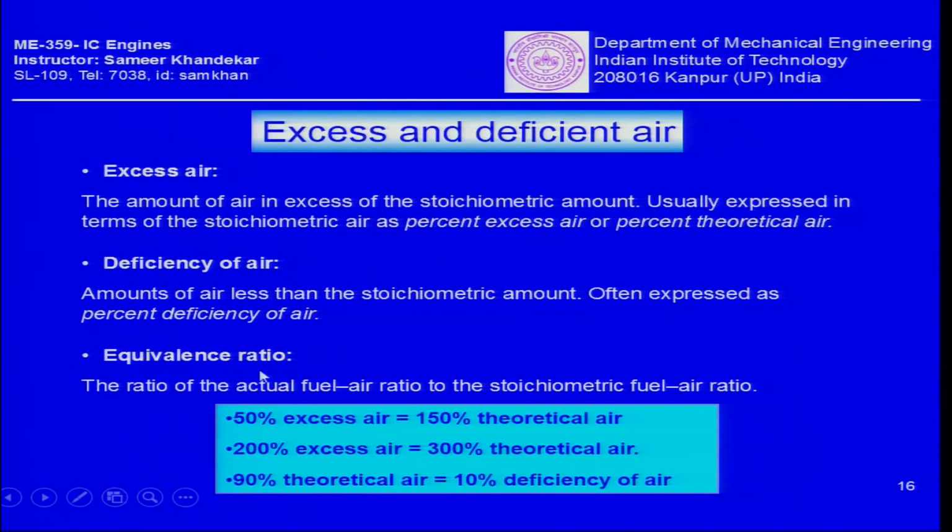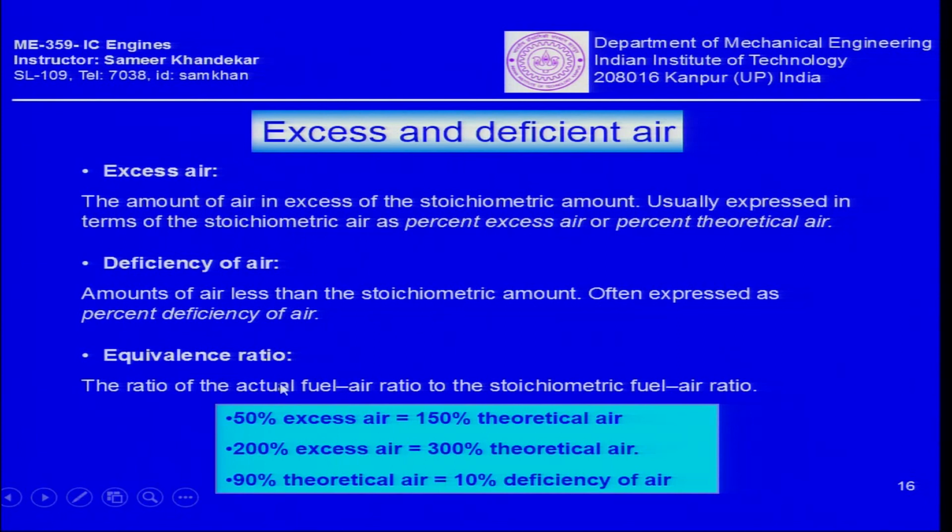Now what is equivalence ratio? Another new term: it is the ratio of the actual fuel air ratio, that is the actual which you are supplying, to the stoichiometric fuel air ratio. Naturally, if the actual fuel air ratio is small, then you will have an equivalence ratio which is less than 1, and if the actual fuel air ratio is more, then you will have an equivalence ratio which is more than 1.